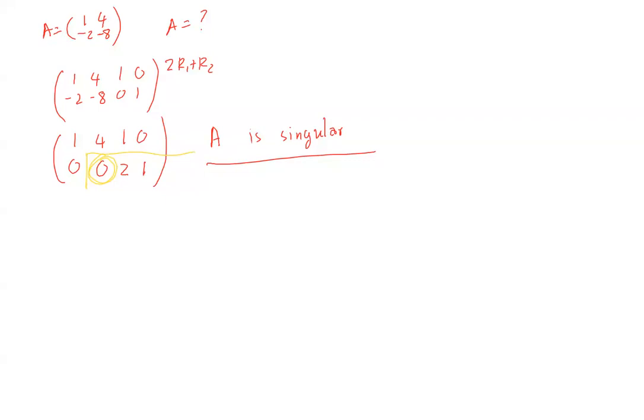Because remember, unless you get pivotals on the first n columns, in this case on the first 2 columns, you will not be able to make the identity matrix show up on the left. And that's what you need. You need the identity matrix to show on the left. If you can't do that with row operations, then it's not invertible. Okay?